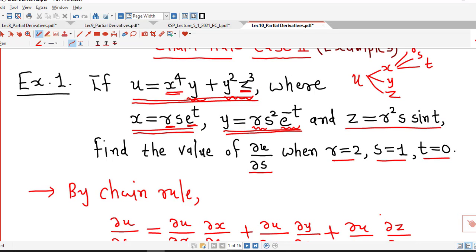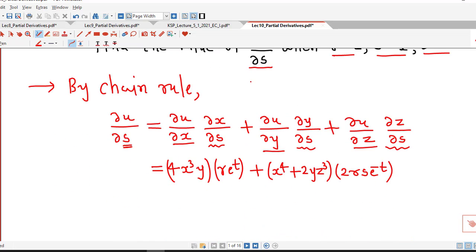plus del u by del z. So we again come here. Derivative is with respect to z, so first term becomes constant, its derivative is 0, and in the second term y square is constant, derivative of z cube is 3z square, so it becomes 3y square z square.